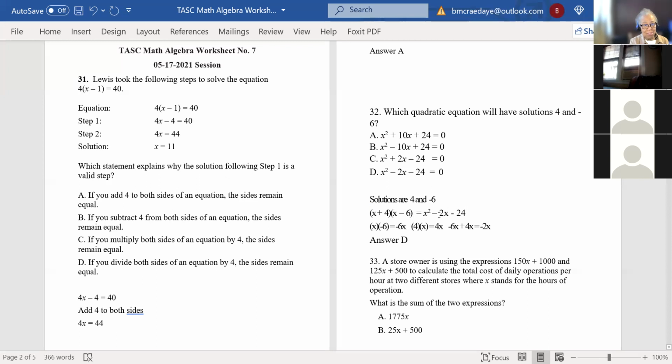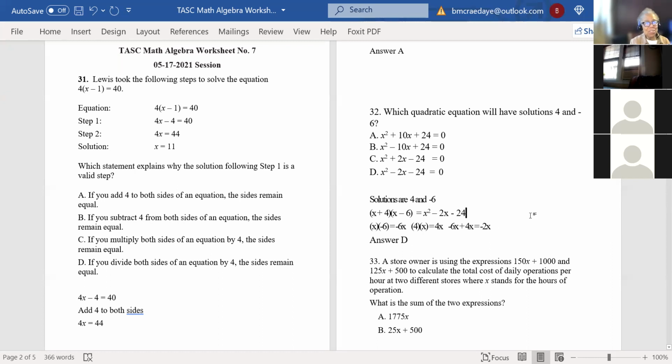That's how you got the minus 2x, right? Minus 6x plus a 4x. With different signs, you subtract, then the sign of the answer is negative because your biggest number in absolute value is the 6. Or you could say, I have more negative than positive, so my answer would be negative.